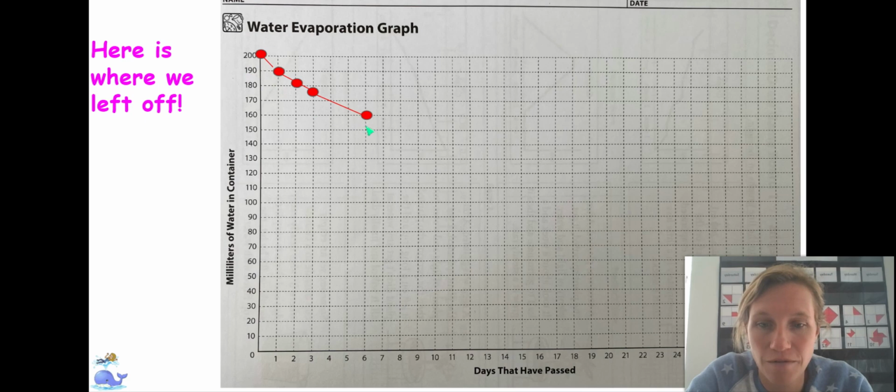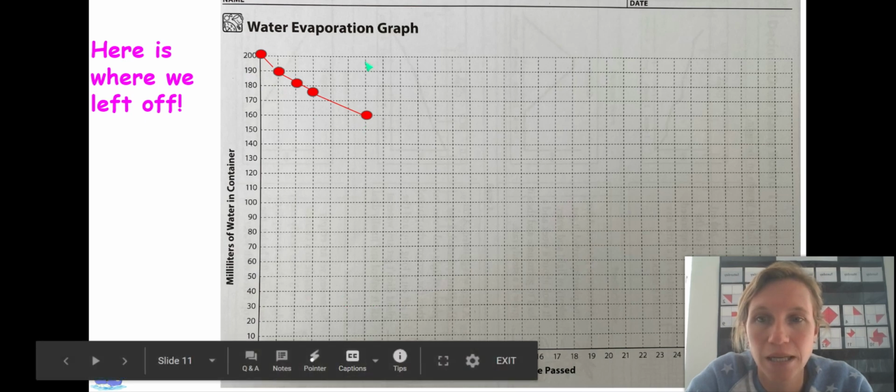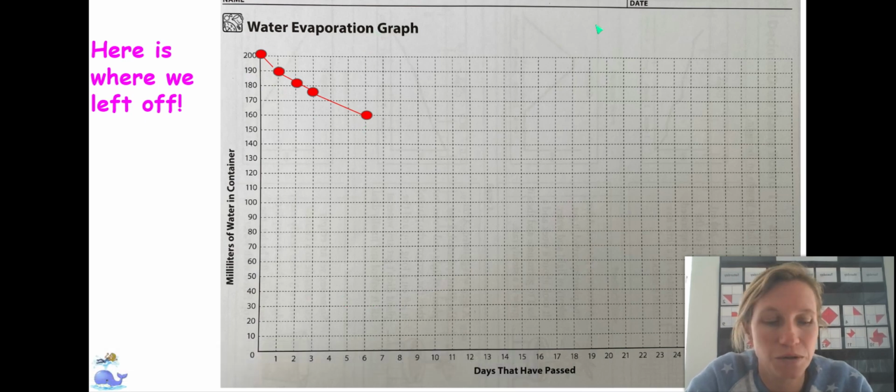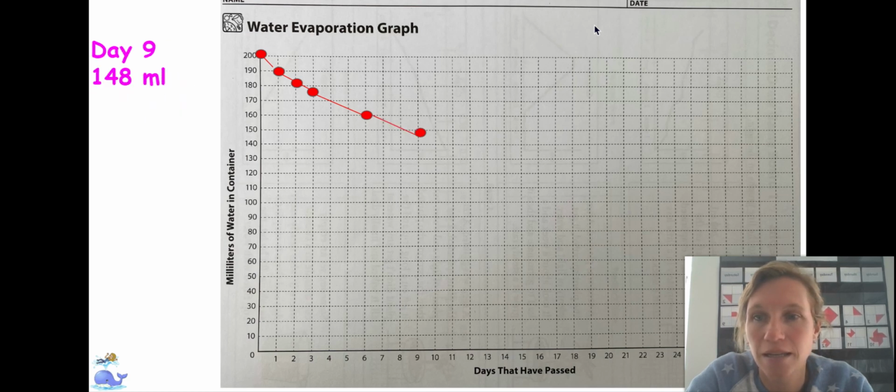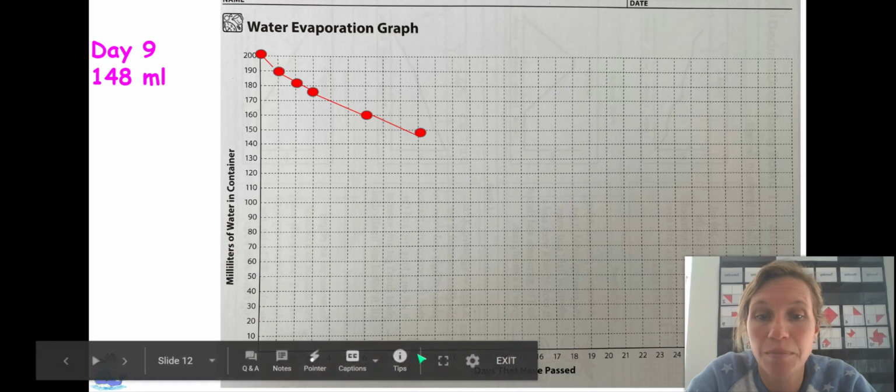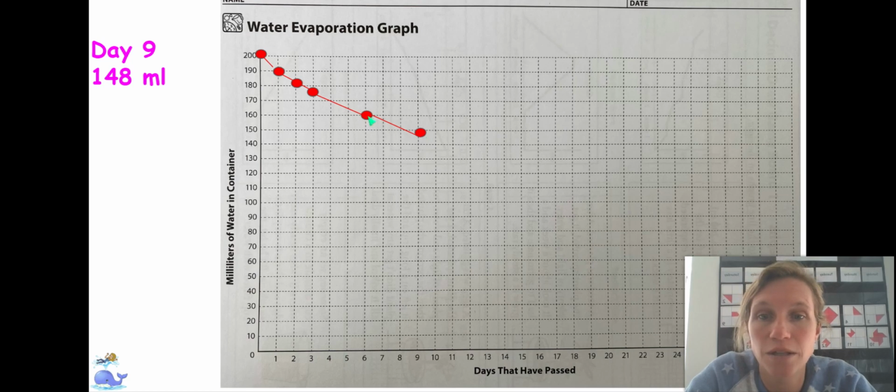Here's where we left off. Remember, we were on day 6 and we were down to 160 mLs. Now we're going to be adding in day 9. Day 9, we recorded at 148 mLs, and I put my little plot, my dot, on day 9, and I used the line function to attach.